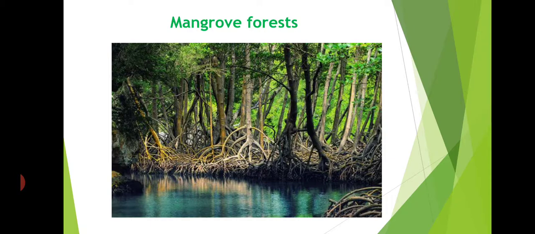We can see these mangrove vegetations. Here we can see a mangrove forest, a very thick forest, but all the vegetation comes under halophytes. So such forests we can expect near seashores.